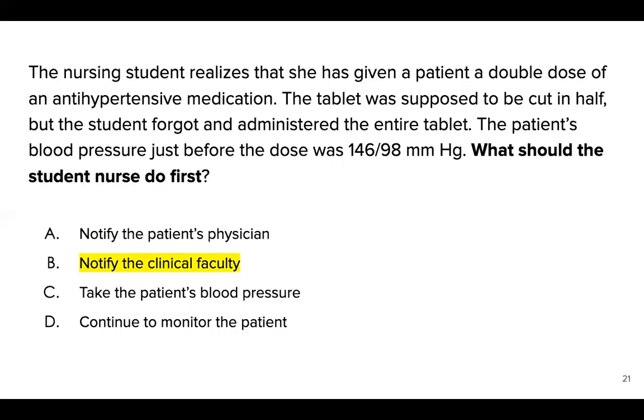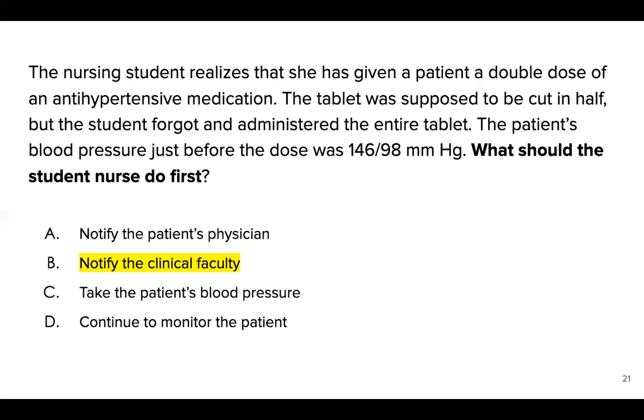So it's chain of command. So does the nursing student have a license? No. Whose license is the nursing student operating under? The clinical faculty. So notifying the clinical faculty is going to be #1. Now, you may have been tempted to say, take the patient's blood pressure, which is huge, right?